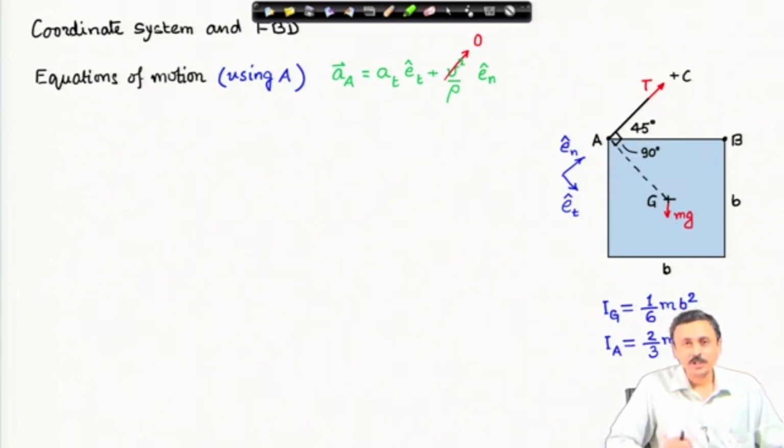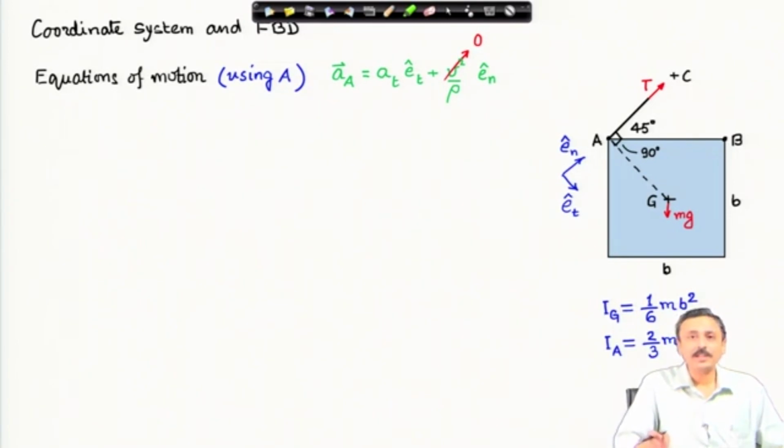I am going to write the rotational dynamics equation of the plate using this point A. Therefore, I need the acceleration of this point A. Because A is a point at the end of this wire CA, and C is a fixed point, this point A, if it has to move, will move in a circular path.